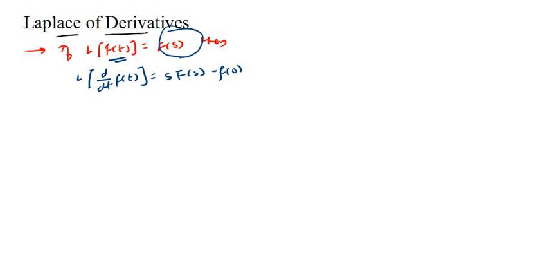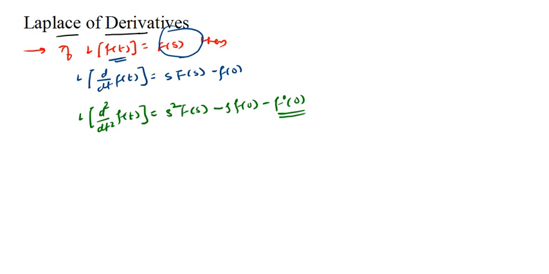If I take the second derivative of f of t, L of d2 by dt square of f of t, this will be s square F of s minus s f of 0 minus f dash of 0. This is the derivative of f of t at t equal to 0.